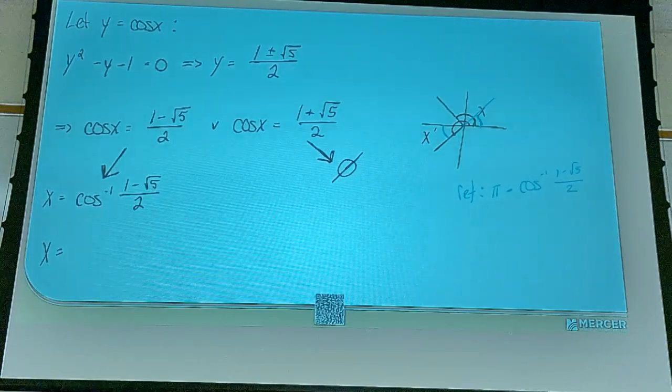So x equals 2n pi plus inverse cosine of 1 minus square root 5 over 2, where that's true.